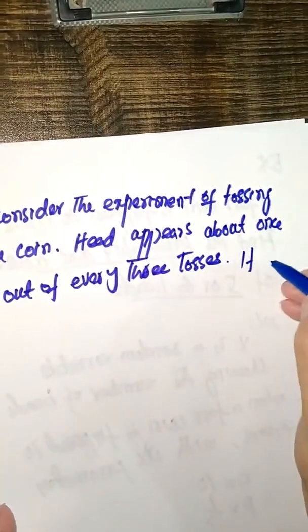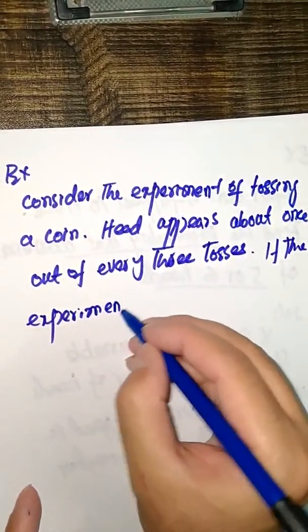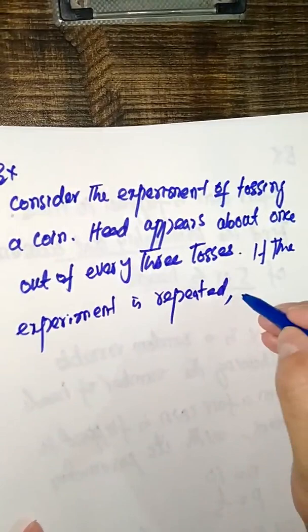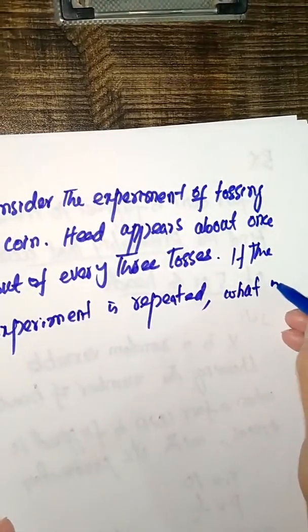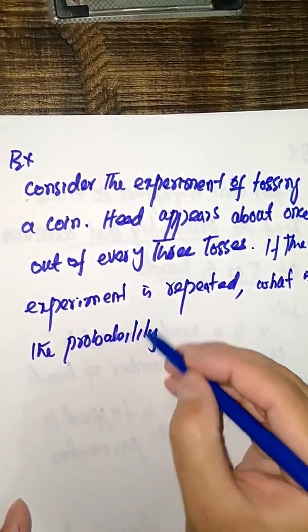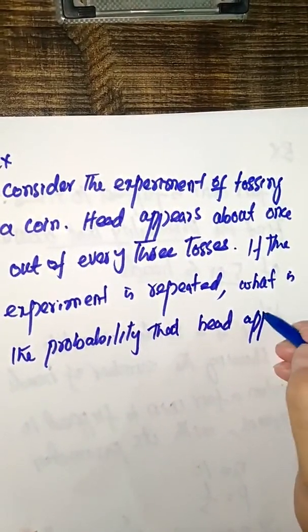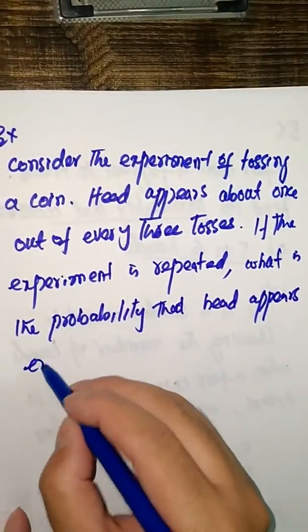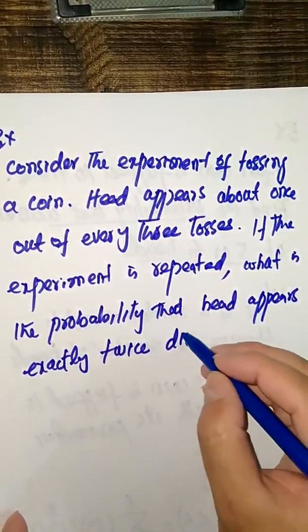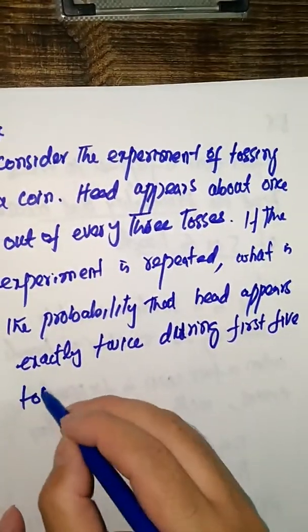So if the experiment is repeated, we have to find what is the probability that head appears exactly twice during the first 5 tosses.